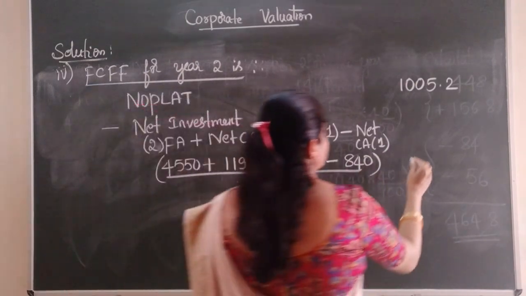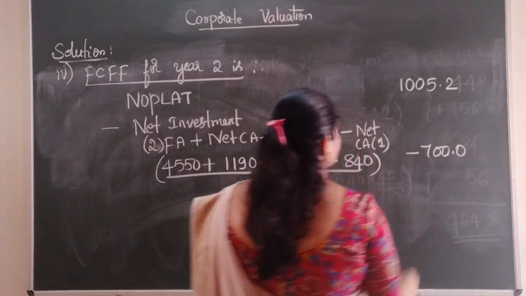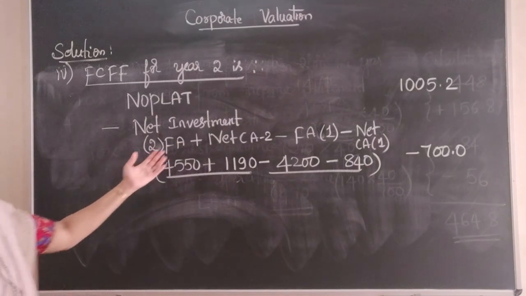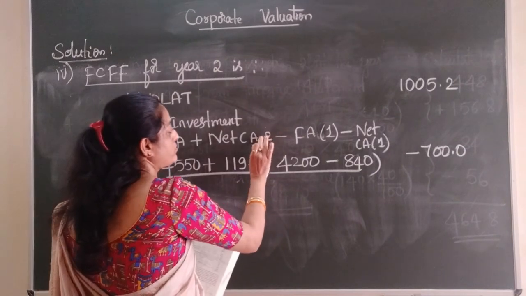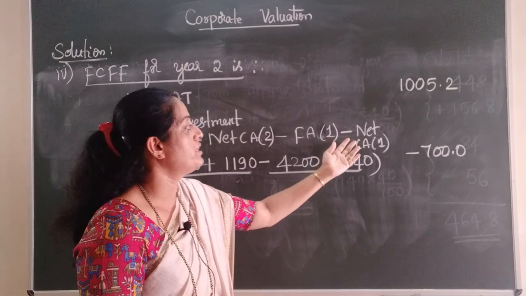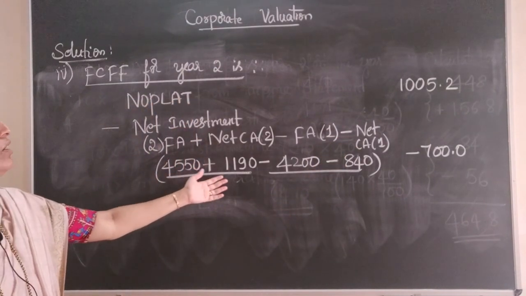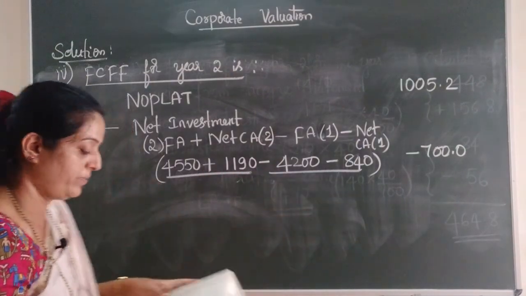You will get the answer as minus 700.0. That is net investment: 4,550 plus 1,190 minus 4,200 minus 840.